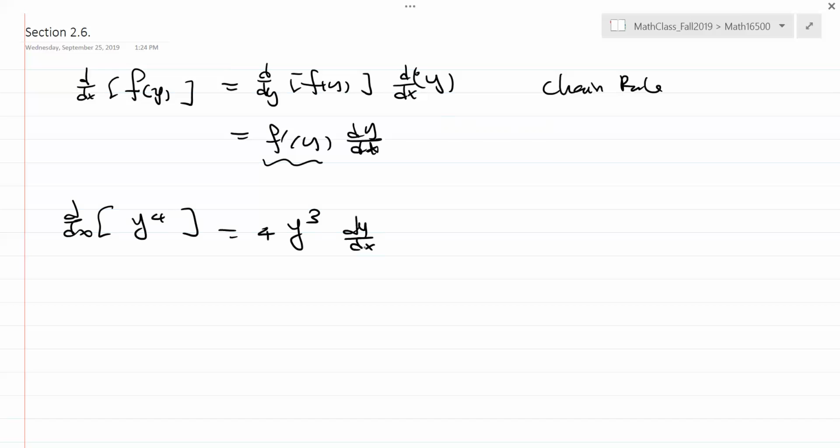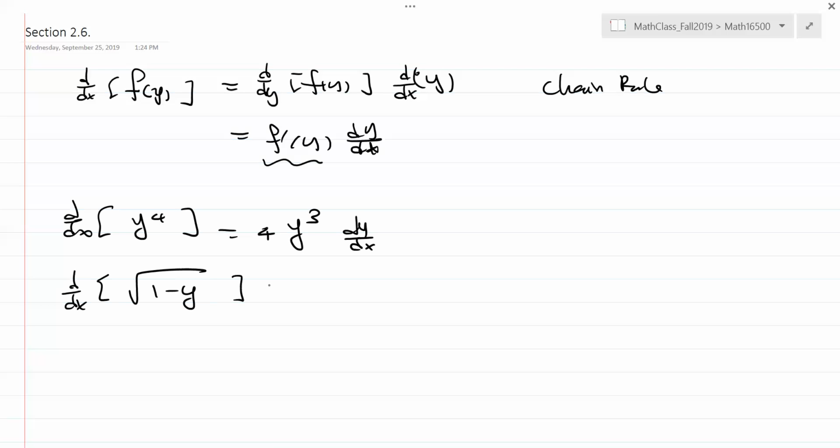Okay, because you can differentiate y to the fourth power with respect to y first, and you get this. And you can also take the derivative of the square root of 1 minus y, right? When you want to differentiate this, you have to differentiate this with respect to y first.